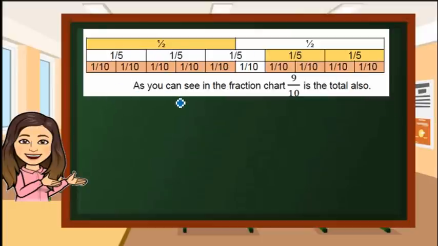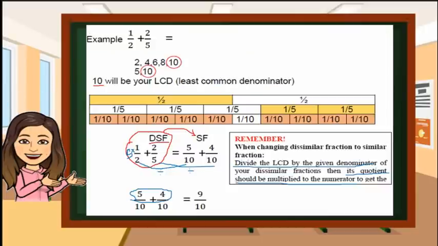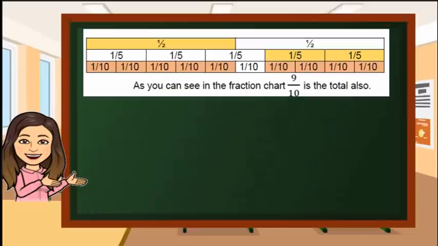Okay, so as you can see here in the fraction chart, 9/10 is the total also. As we illustrate the 1/2 and 1/5, as you can see here, it is equivalent to 9/10, as we add the 1/2 and the 2/5.